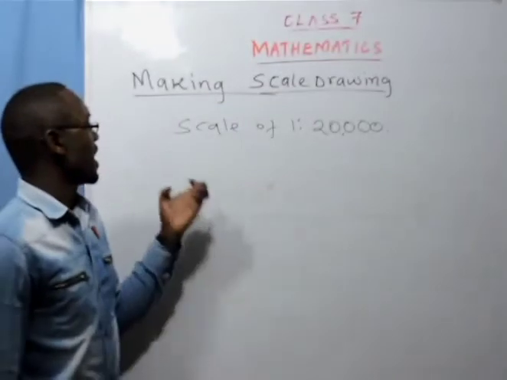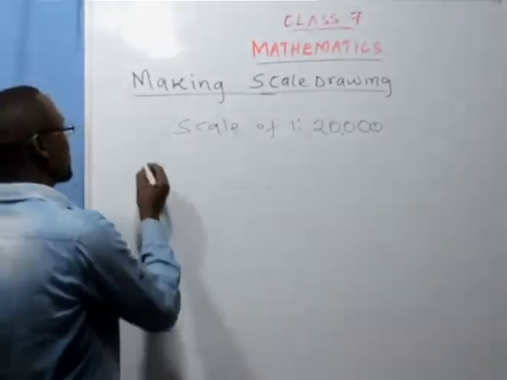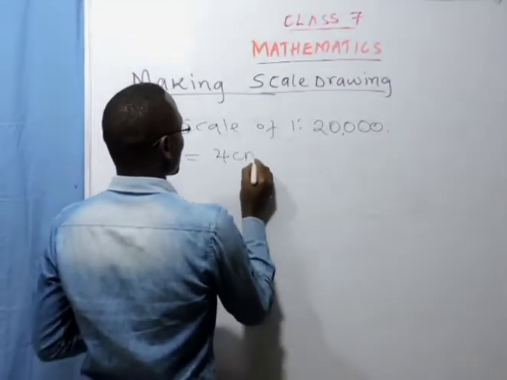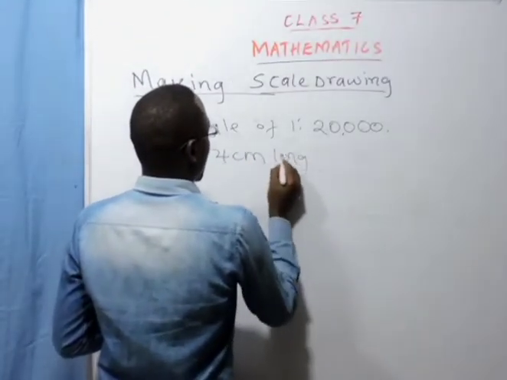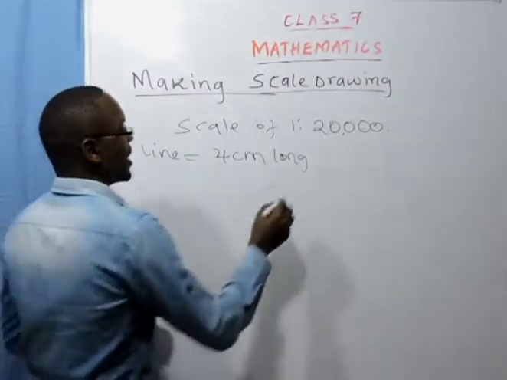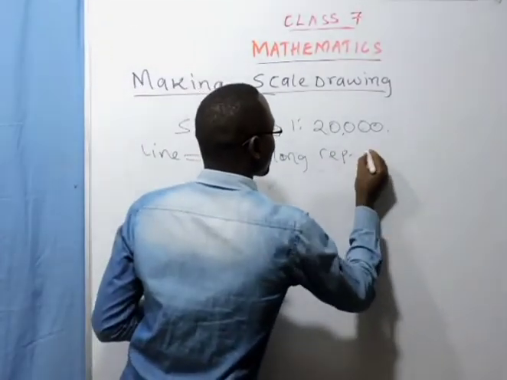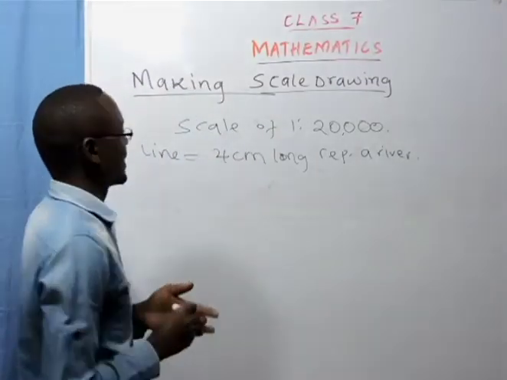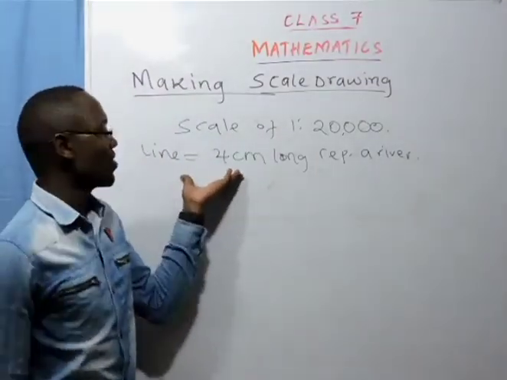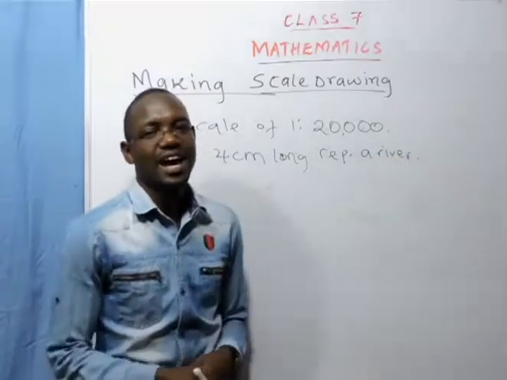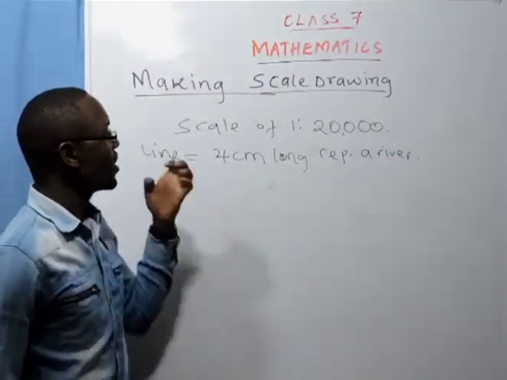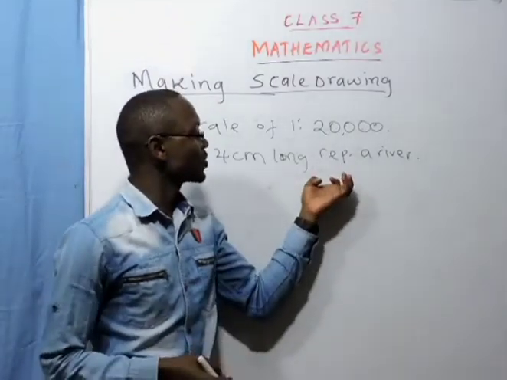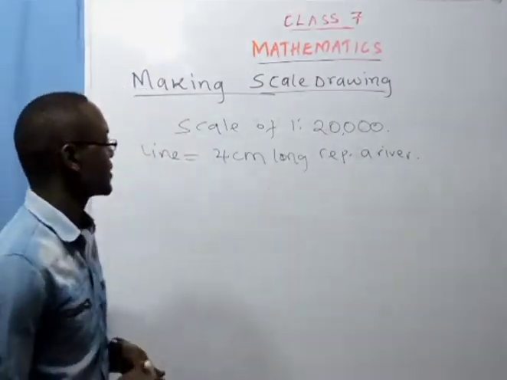Then you are told a line 4 centimeters long on the map is drawn to represent a river. What is the actual length of the river in meters?